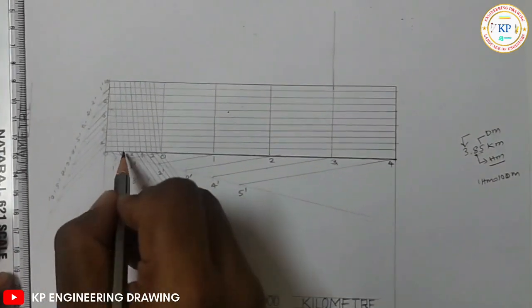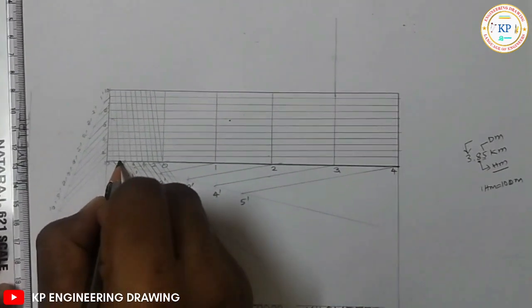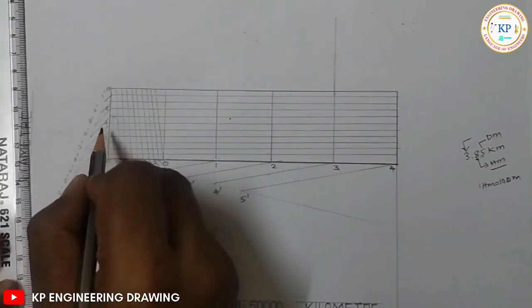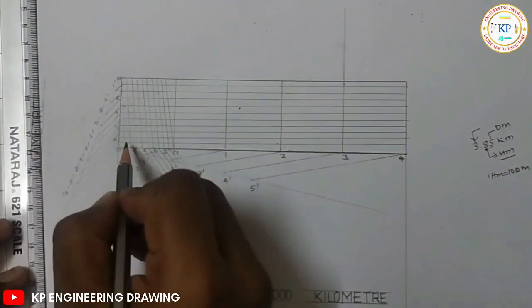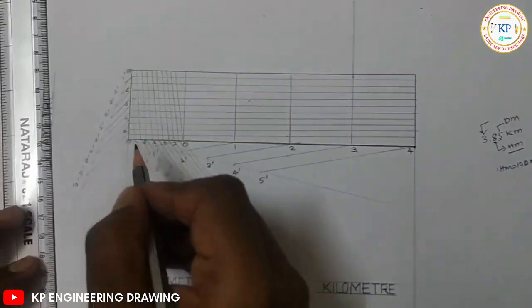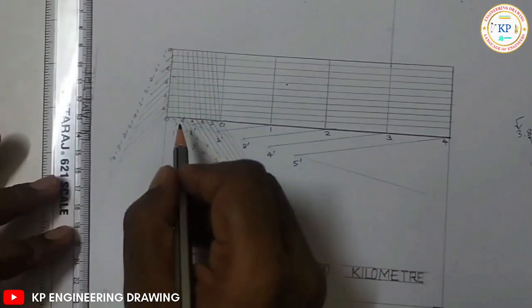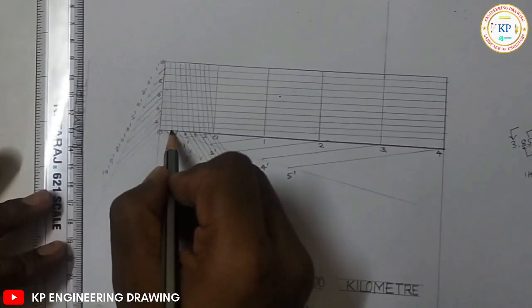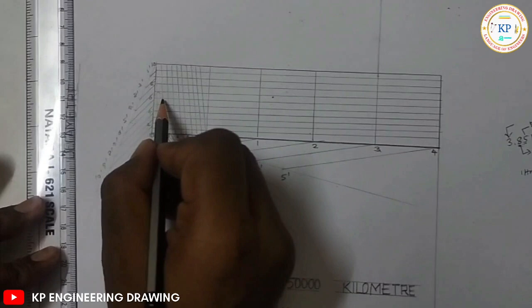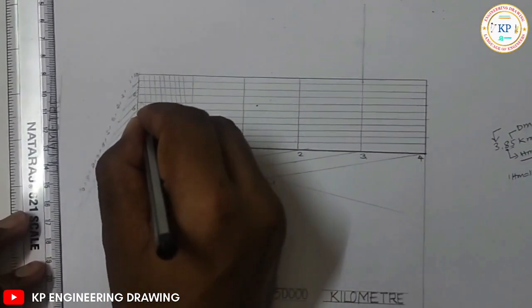So 8 hectometers is here, and 5 decameters, just like graph plotting, x-axis and y-axis. In similar fashion we have to take hectometers, which is 8, and decameters, which is 5. So we'll get the point here.